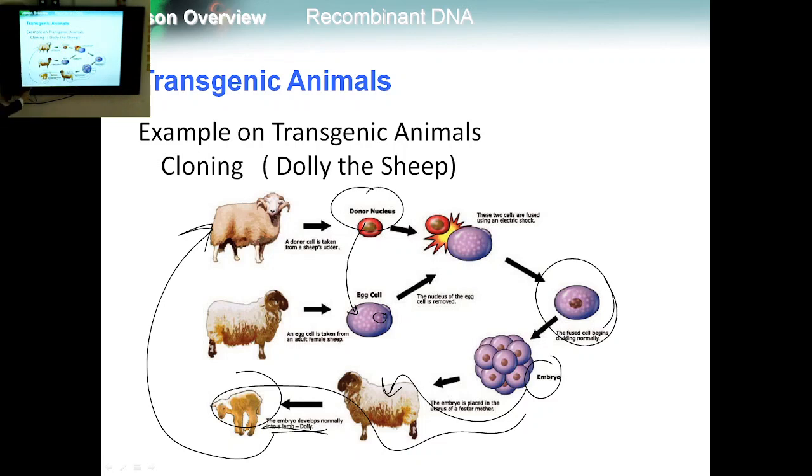And this transgenic or cloned organism will be similar to the donor nucleus. And the first cloned sheep is called Dolly. Don't forget this information: Dolly, the first cloned sheep.